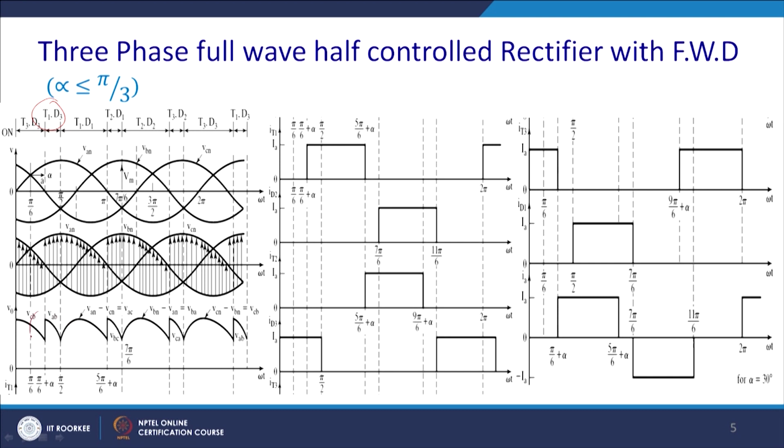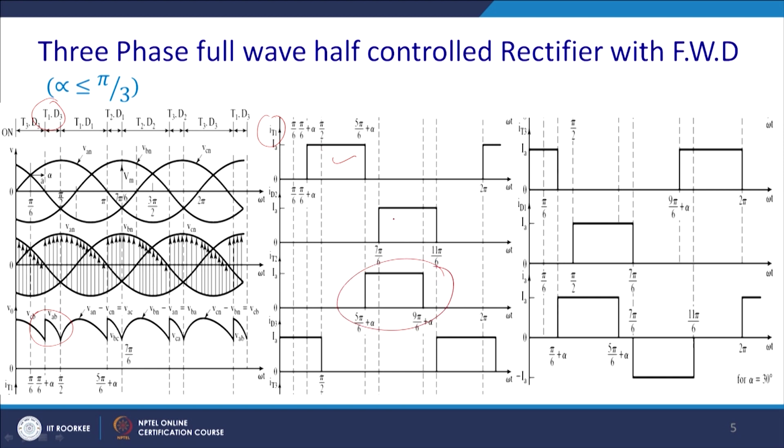So, you get the voltage first CB, thereafter AB, thereafter AN, thereafter CN, AC, like that you will get the waveform. This will be the current through the thyristor T1, and this will be the current through the diode D2. Similarly, you can have the current, this is the thyristor T1.